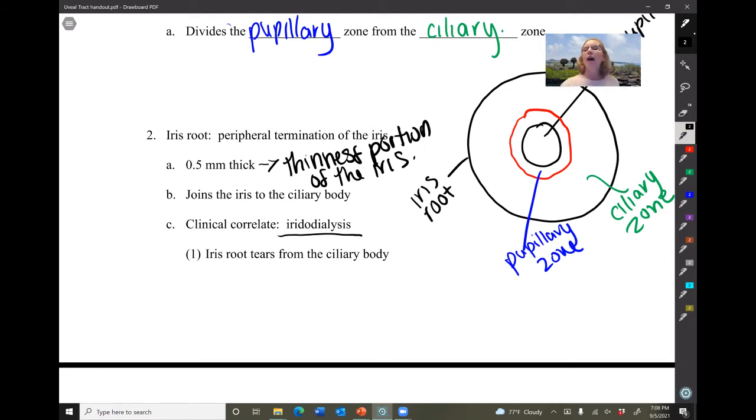That's where the iris tears away from the ciliary body. It often happens with blunt trauma, so maybe a fist in the eye, or maybe a car accident hitting your head on something very hard can cause the iris to tear away from the ciliary body.